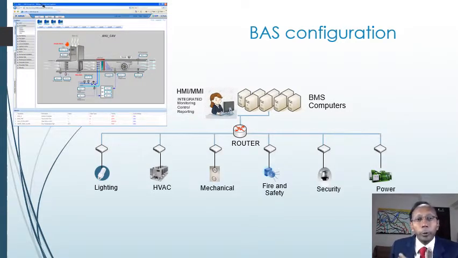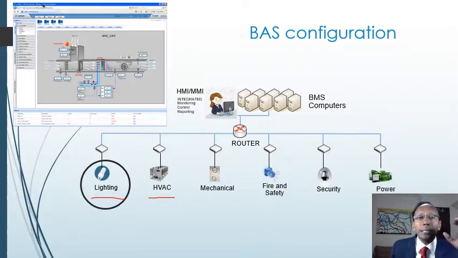So, if you look at a typical building automation system, we have many subsystems such as the lighting system, the heating and ventilation system, etc.